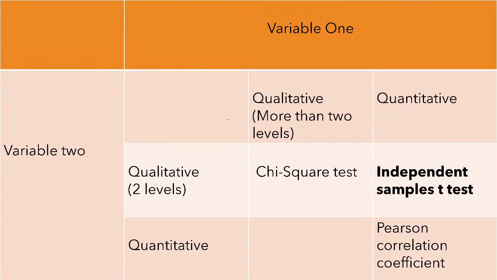Now, the third scenario is that one of the variables is a quantitative variable and the other variable is a qualitative variable, and the qualitative variable has another characteristic, which is that there are two levels for it. Then we will conduct an independent samples t-test.